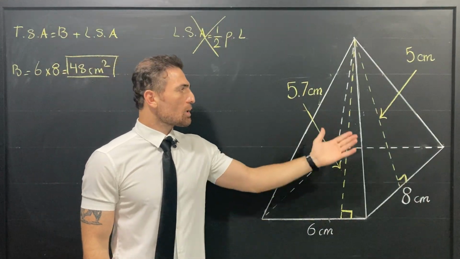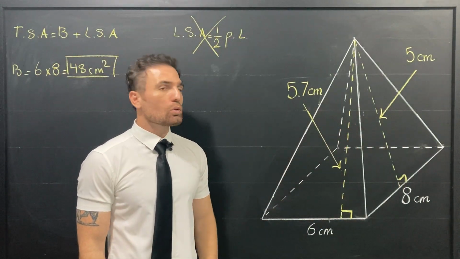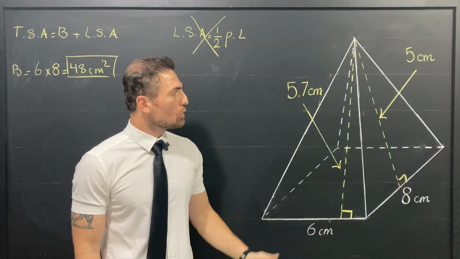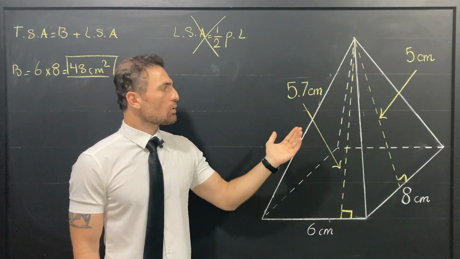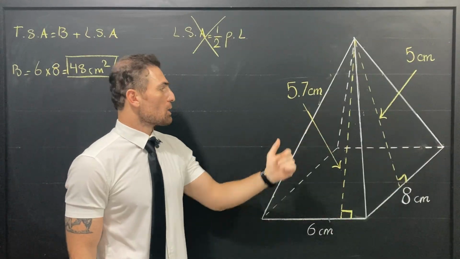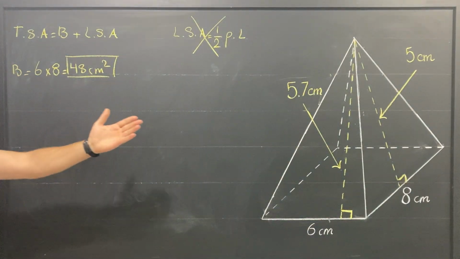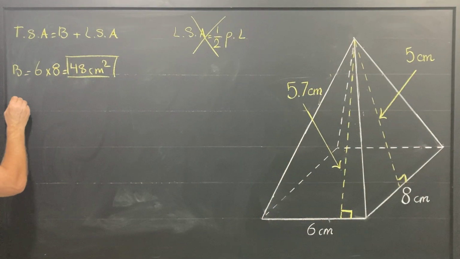To find out the lateral surface area of this pyramid, I'm going to start with the area of two triangles from front and back view. These two triangles are the same. So let us start with the area of these two triangles.